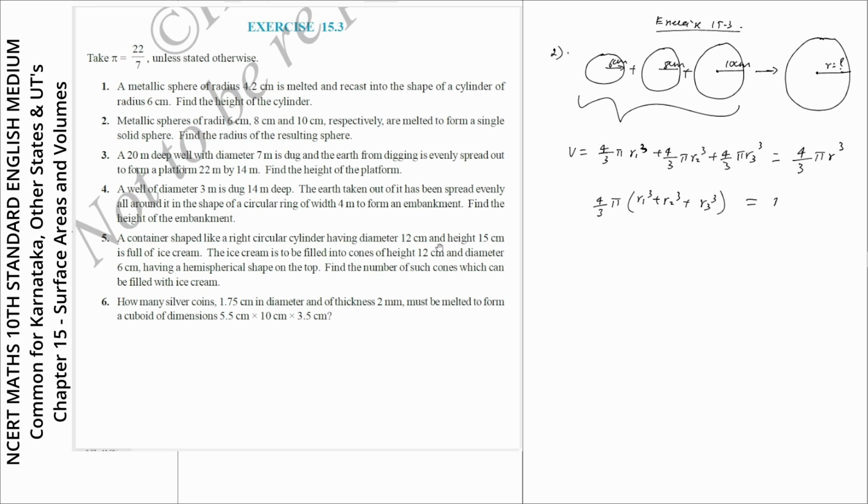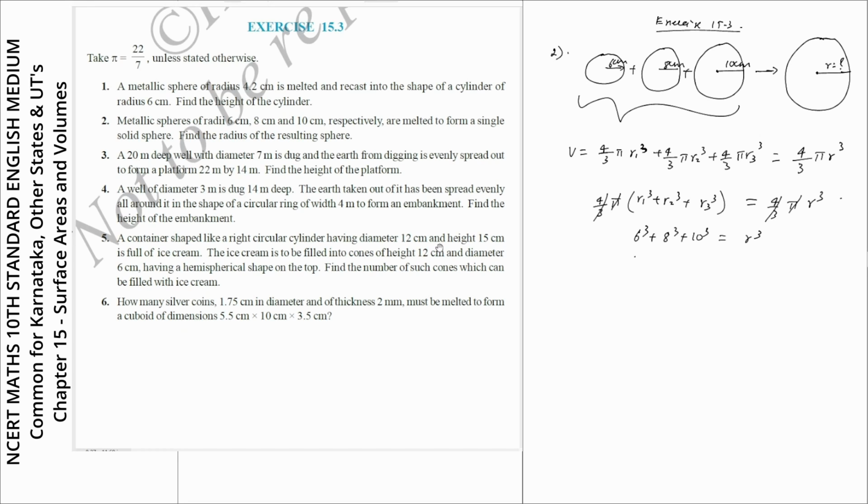This is equal to 4 by 3 pi r cube, where R is the radius of the resulting sphere. Now pi will get cancelled, 4 by 3 will get cancelled. Substitute the values of r1, r2 and r3. r1 is 6, so 6 cube plus 8 cube plus 10 cube is equal to r cube, which we don't know, that's what we need to find.